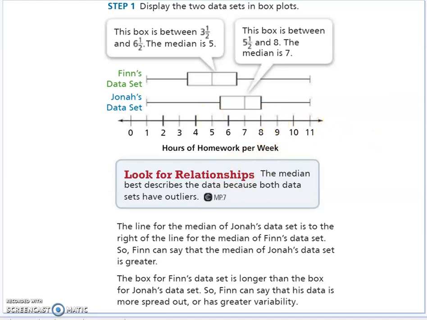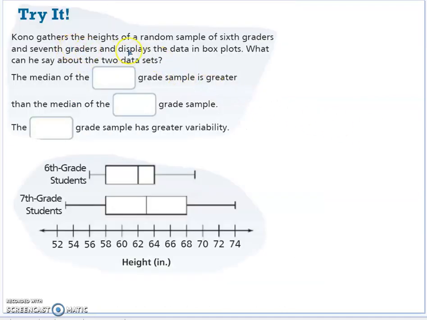Okay, so here is a question for you to do. Here's the data that Kono has gotten, and we want to say, what can he say about the 2 data sets? So we have 6th graders and we have 7th graders based on height. Okay, so the median of the 7th grade sample is greater than the median of the 6th grade sample, and the 7th grade sample has greater variability.